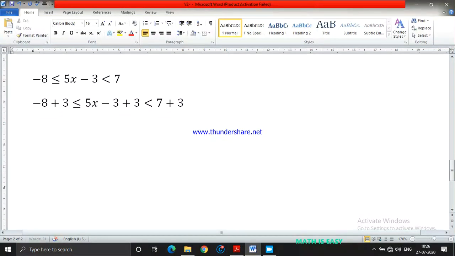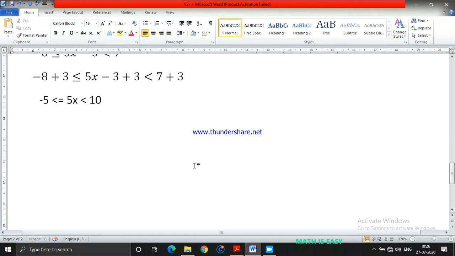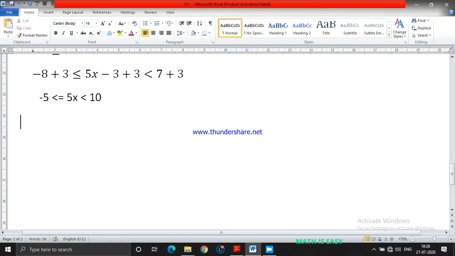By adding 3 on both sides, let's see what we get: -8 plus 3 is -5, is less than or equal to 5x, is less than 10.